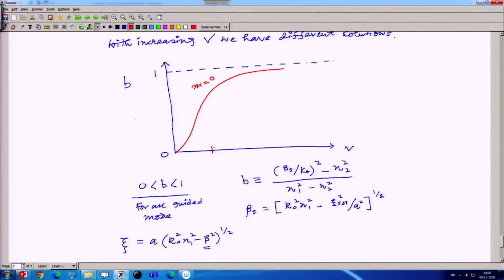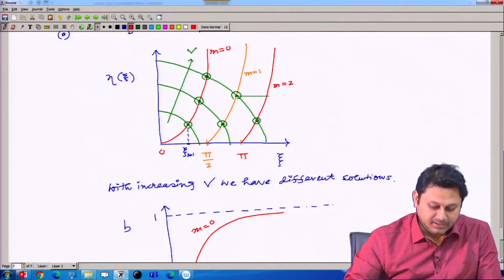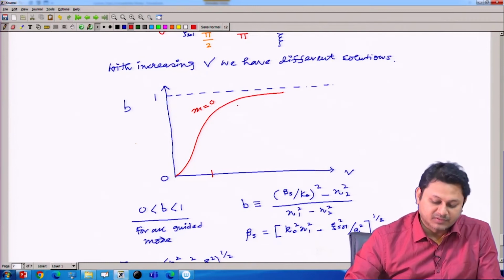Another solution will start appearing, because after increasing the value of V, there is a point pi by 2 according to this plot. Over that, if I increase the value of V, then it will now have a second solution here, and I have a second branch for b as well.